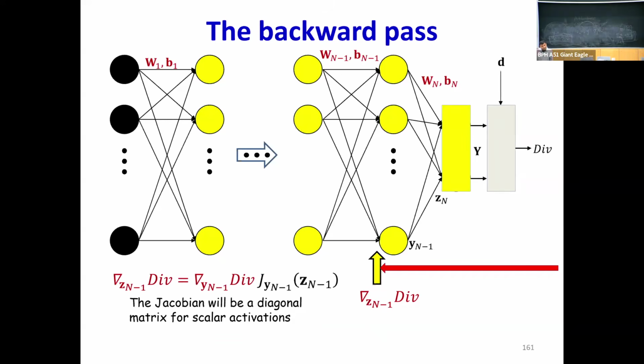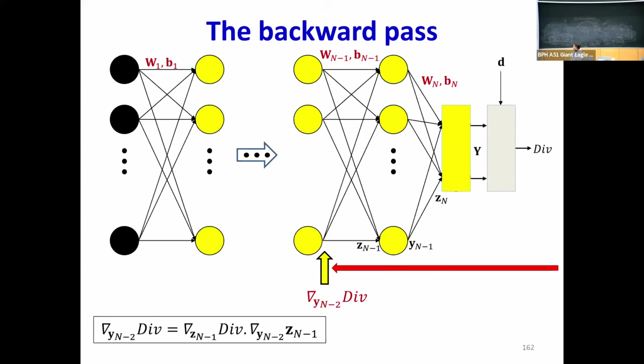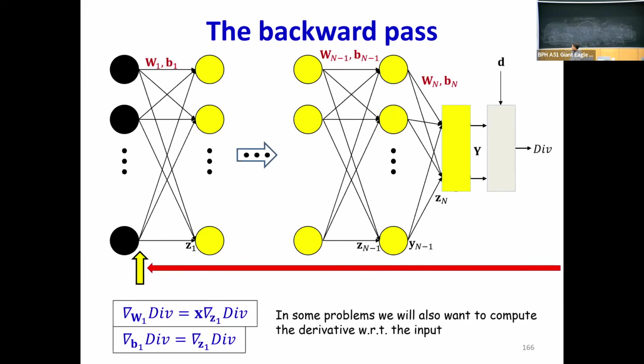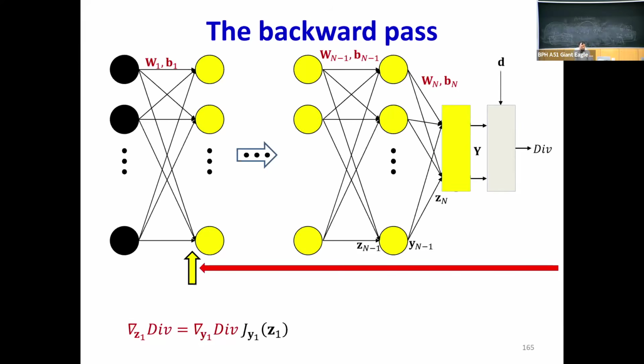Always right multiplying, to get the derivative with respect to the previous z, and I can also compute the derivative of the weight by multiplying the y by the derivative of the divergence with respect to the z. So anytime you have a connection of this kind, y multiplied by w gives you z, then the derivative of the loss with respect to w is y times the derivative of the loss with respect to z.